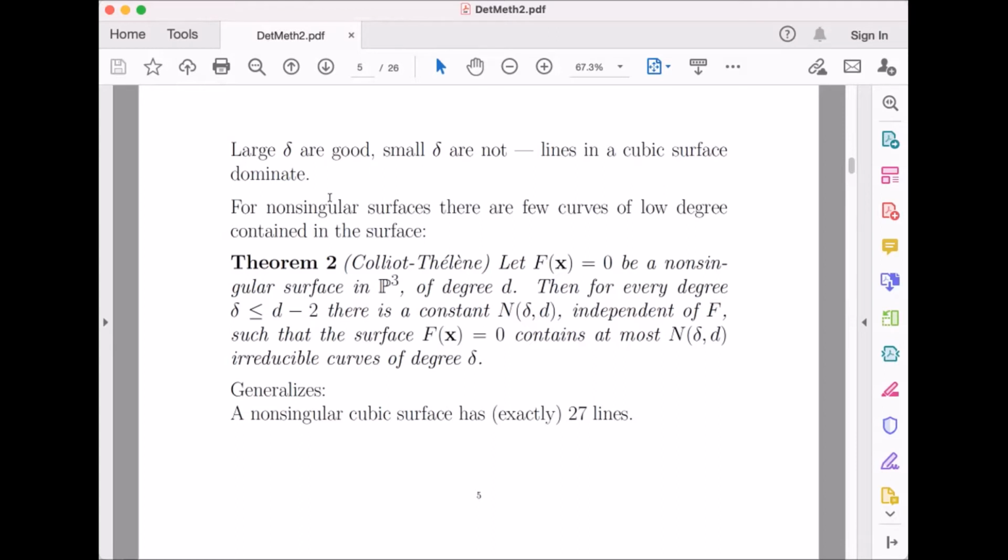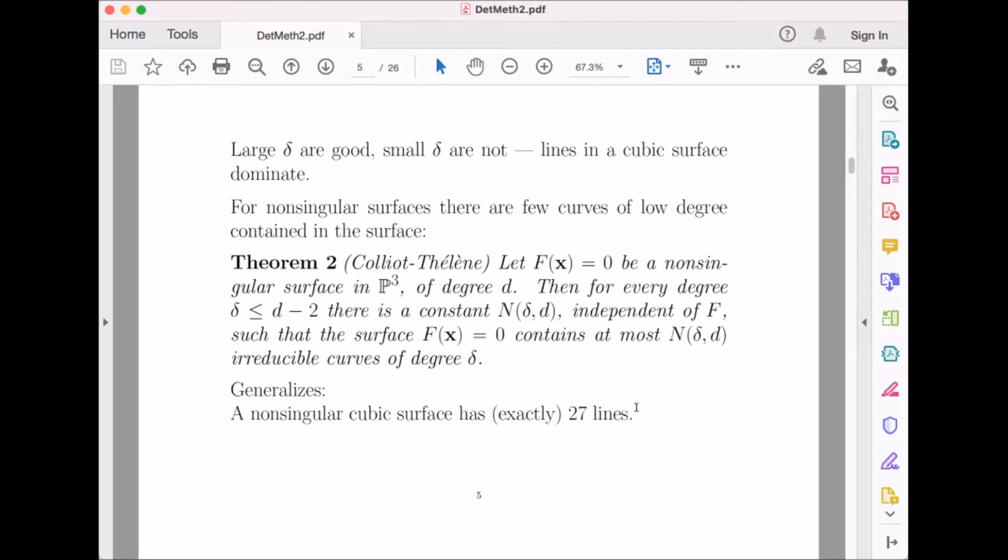Now, it turns out that if you start off with a non-singular surface, there are few curves of low degree. So here's a theorem due to Colliot-Thélène, and it generalizes the statement that a non-singular cubic surface has, well, in this case, exactly 27 lines.